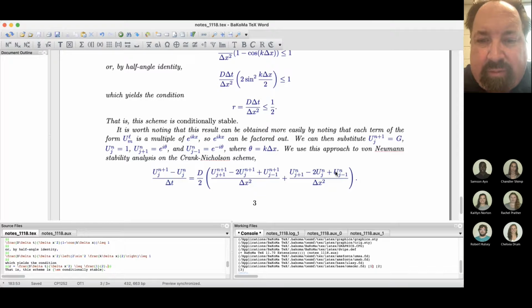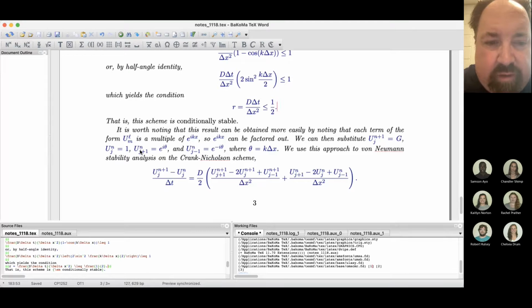So now we want to make the same assumption about the form of a solution. And one thing that can make things easier algebra-wise is that anytime you are changing grid points in time and space, it's always a multiple of e to the I kx. So you can think of ujn as being just equal to 1.